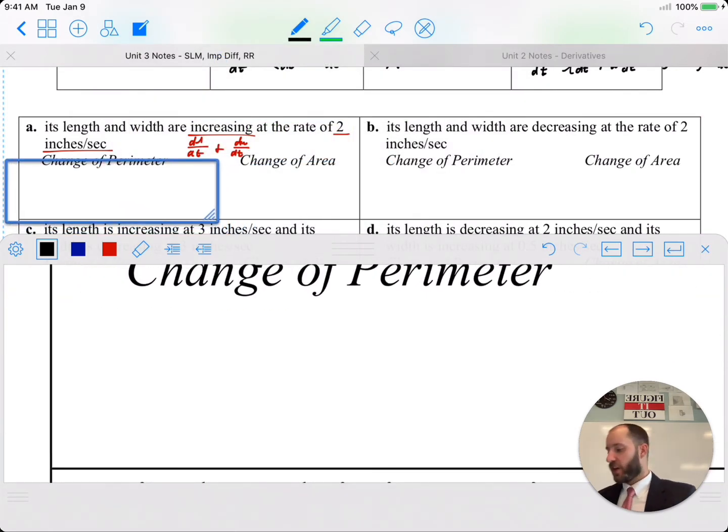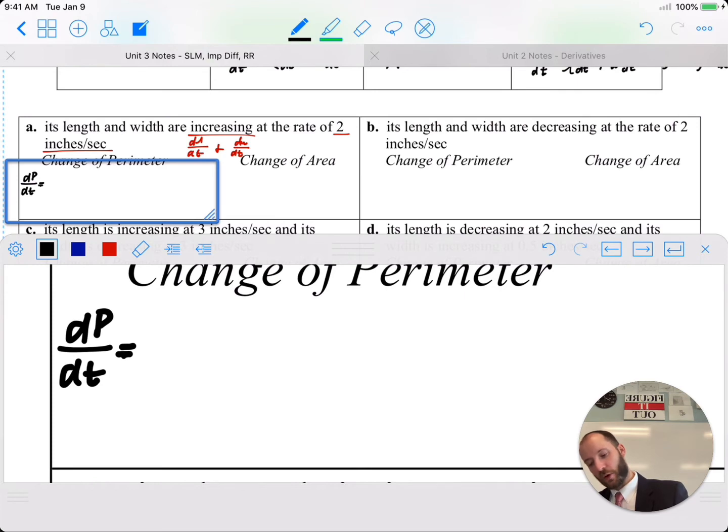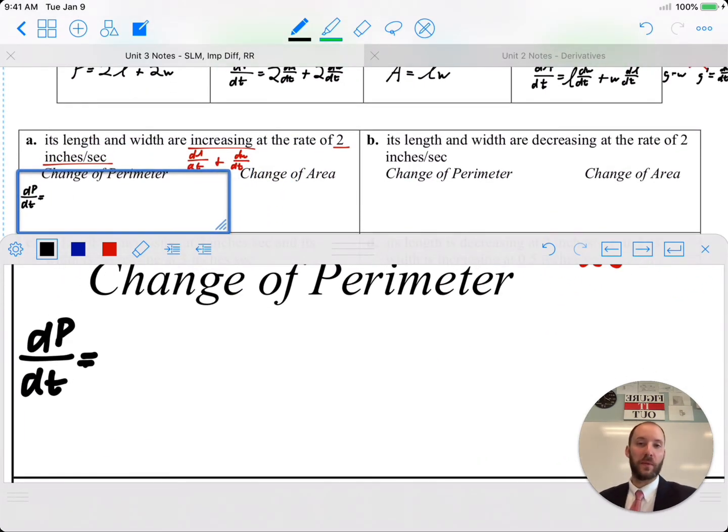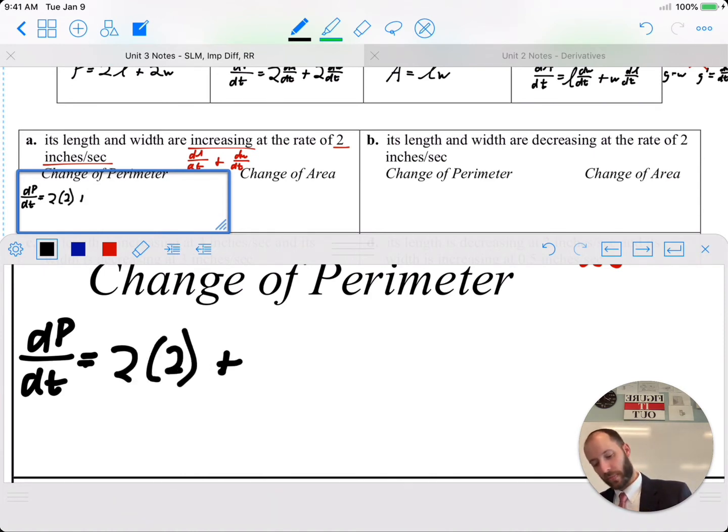So the change of the perimeter, dP/dt, so our equation for dP/dt, 2 dL/dt plus 2 dW/dt, and dL/dt and dW/dt are both 2. So 2 times 2 plus 2 times 2.